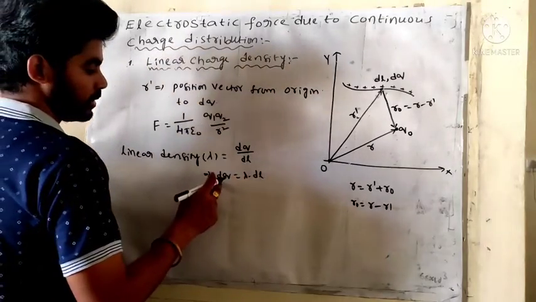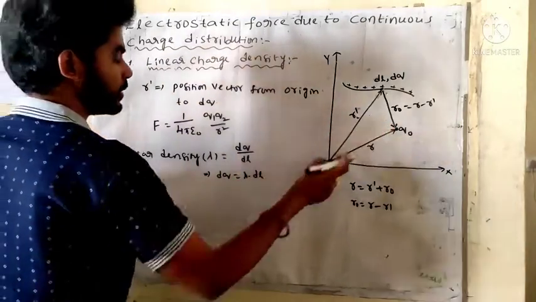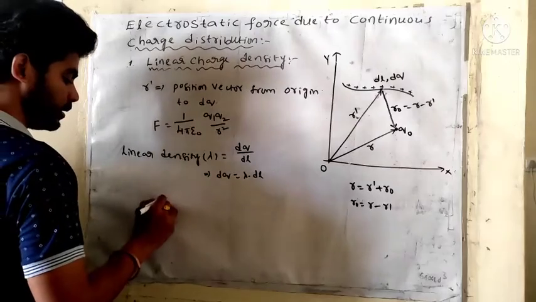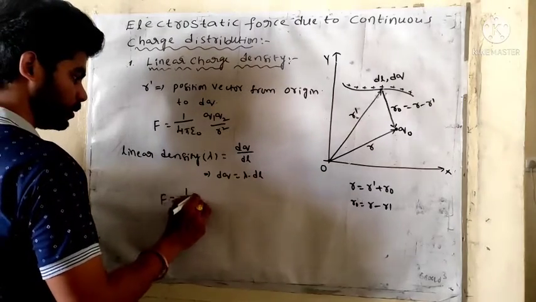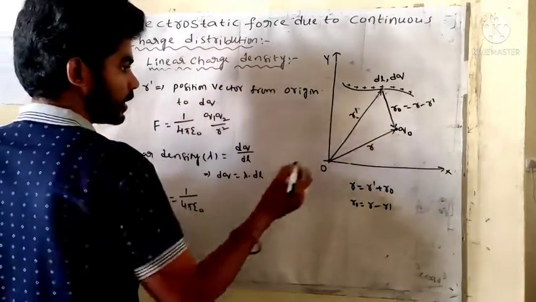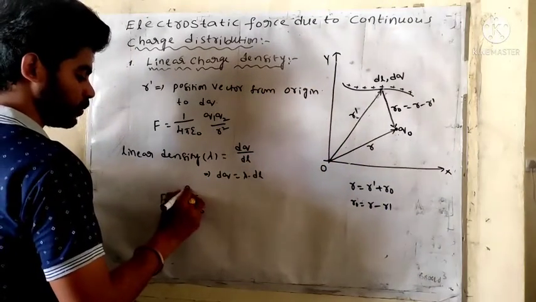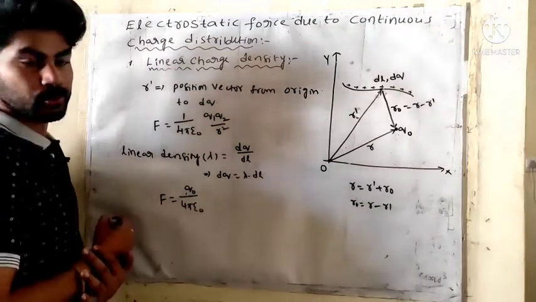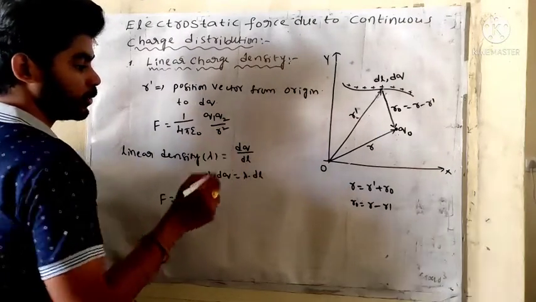Substituting, F is equal to 1 by 4 pi epsilon naught, q naught times dq by r naught square.